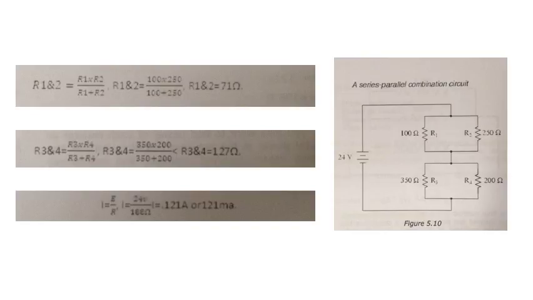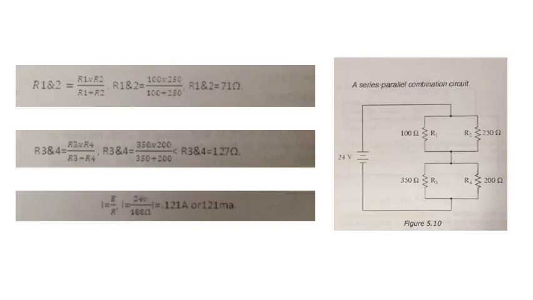So R3 and R4 is equal to 350 times 200 divided by 350 plus 200, which is equal to 127 ohms. Now add those two together to get the total circuit resistance. 71 plus 127 equals 198 ohms.